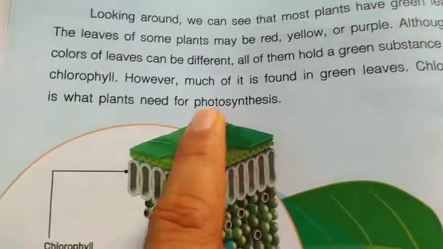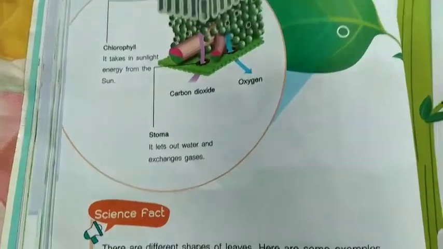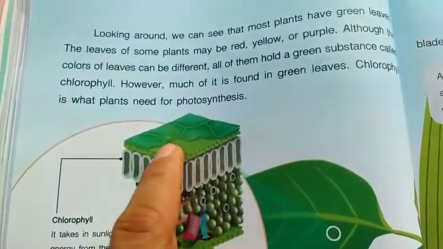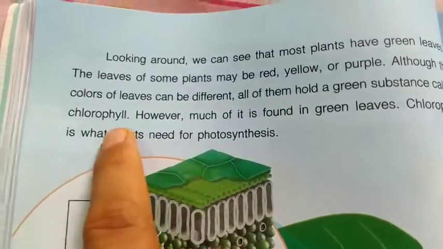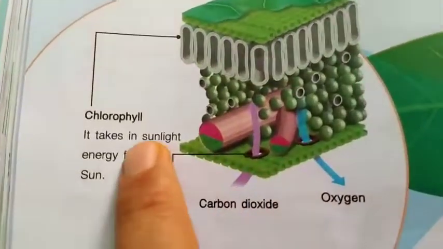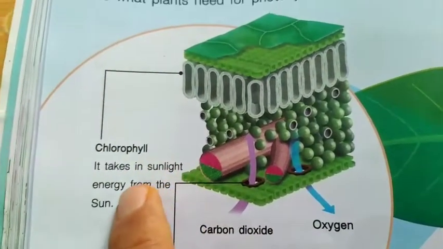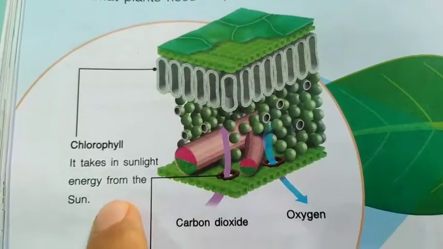In other words, even if the plants are not green in color, sometimes some are red, some are purple or whatever, it still has some green color inside called chlorophyll. It's just covered by other colors. As you can see in here, the chlorophyll takes in sunlight, right, energy from the sun.